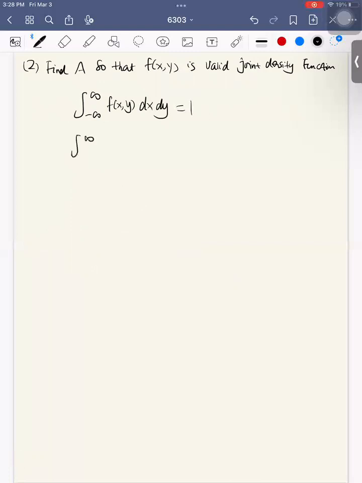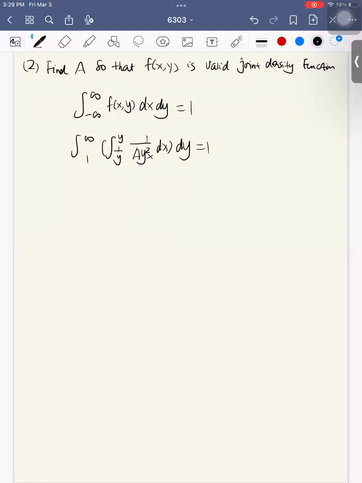Since negative infinity doesn't have meaning in this equation, we can just say 1 here. We can do the integral for this equation.